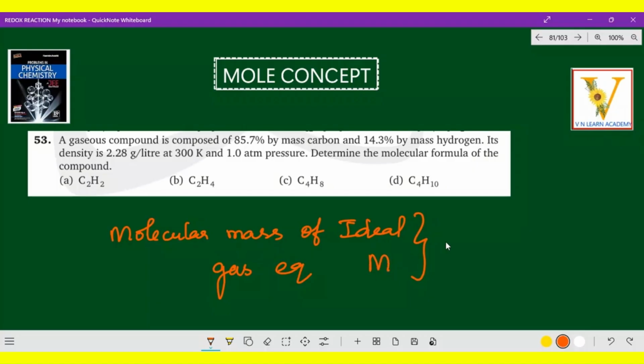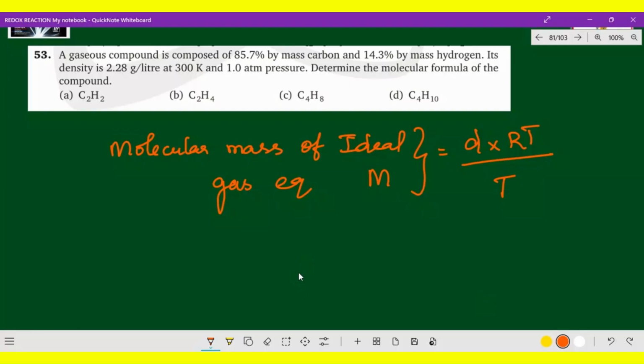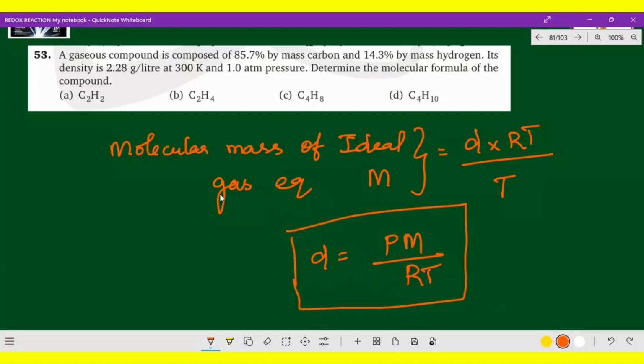So capital M we can bring here, equal to D into RT divided by P. Generally, density equal to PM by RT, that is what we used to follow, right? So rearranging that, M is the molecular mass. So molecular mass equal to density into RT by P.